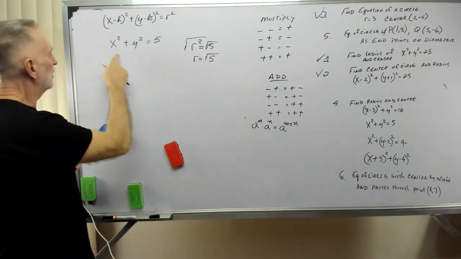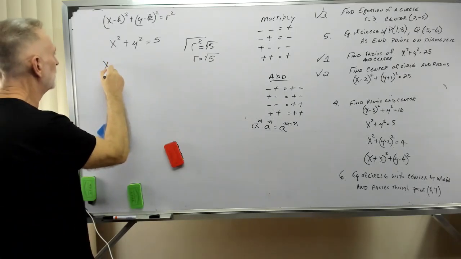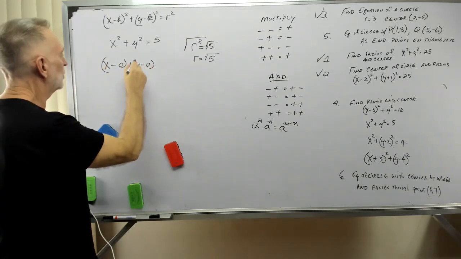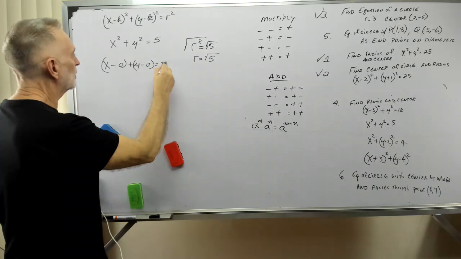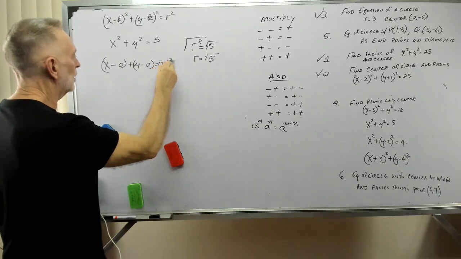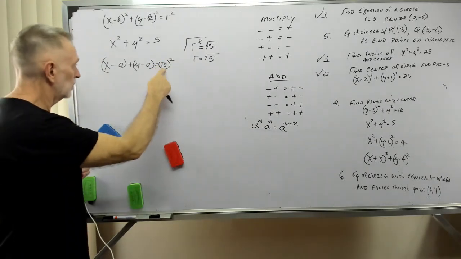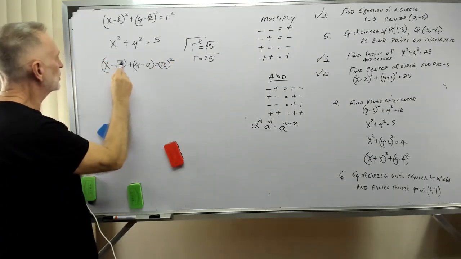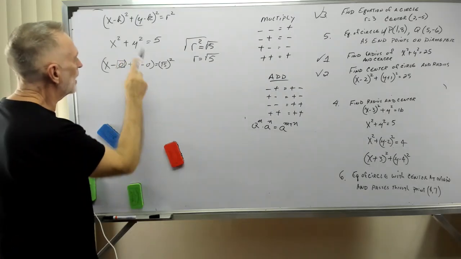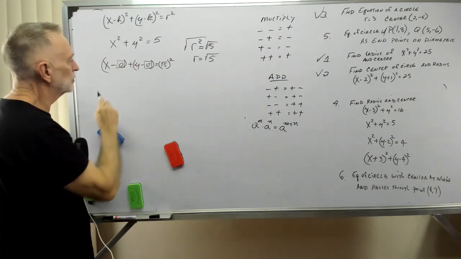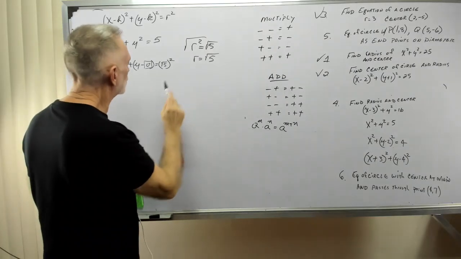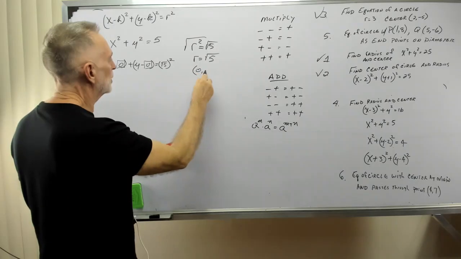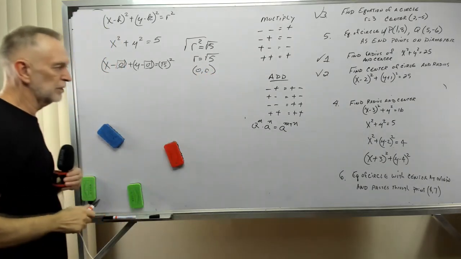Now in this case, I have (x minus 0) squared plus (y minus 0) squared equals square root of 5 squared, r squared. So I know, cover up the x minus, what's left? 0. Cover up y minus, what's left? 0. So r is square root of 5, and the center of this thing is at the origin, 0, 0.